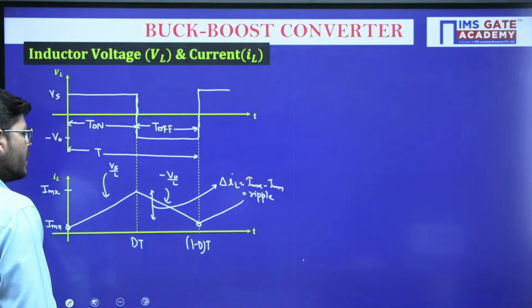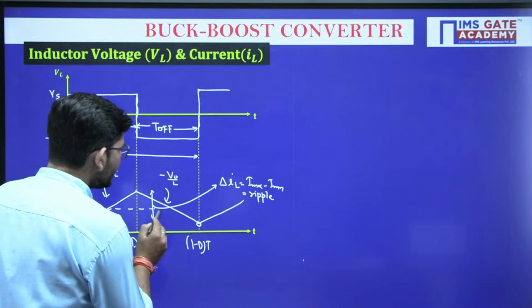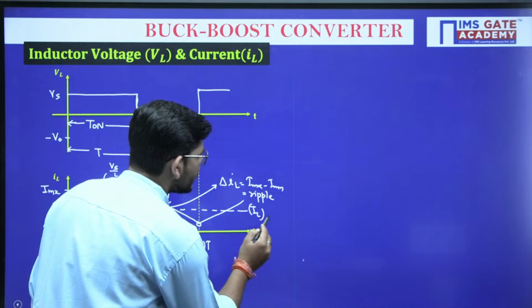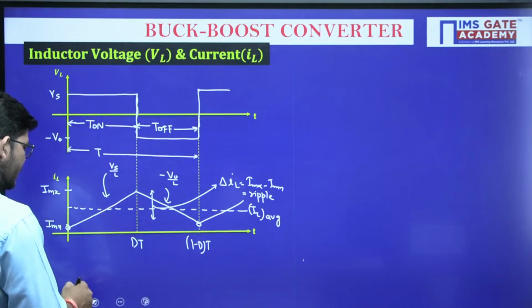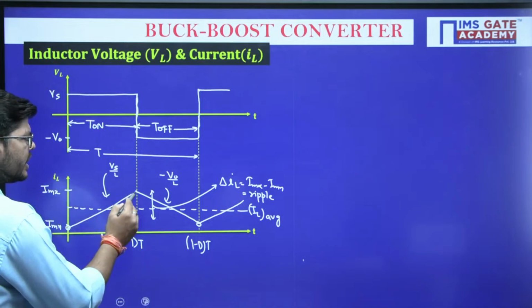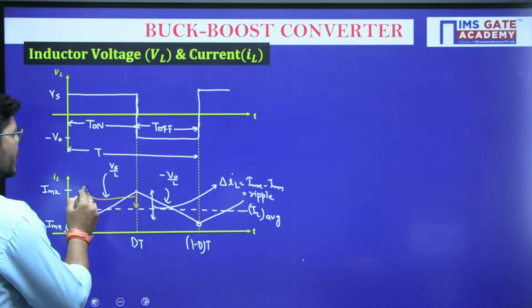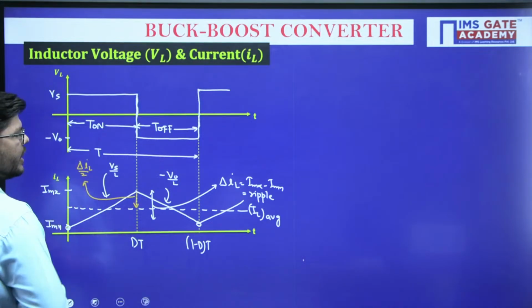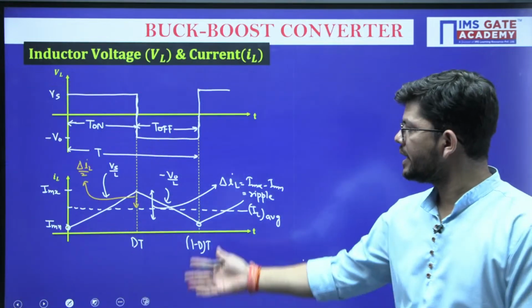If we take the average of this current, that will represent the average inductor current, and this amount is exactly del IL by 2. So this is how inductor voltage and inductor current can be plotted.